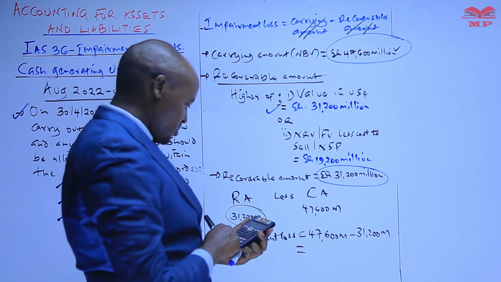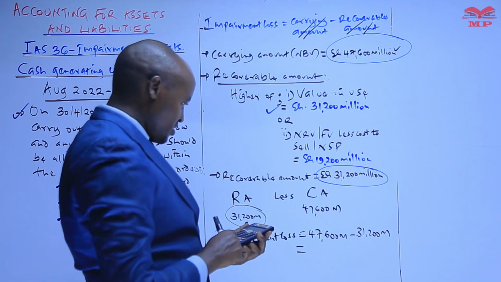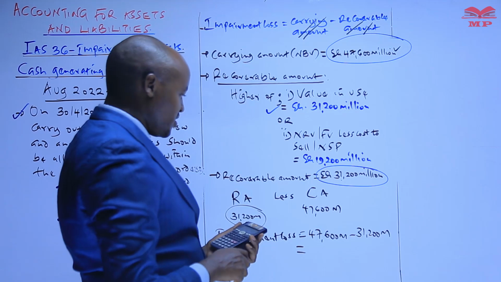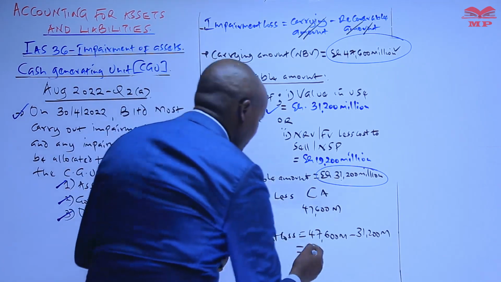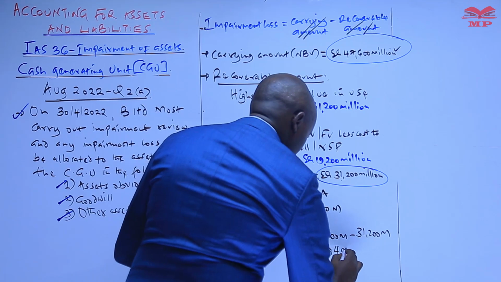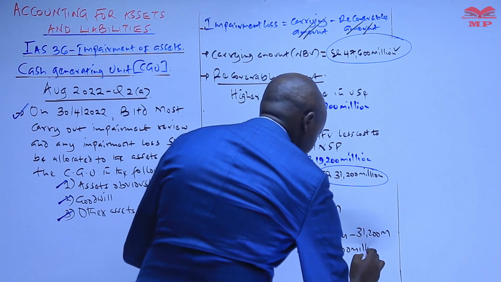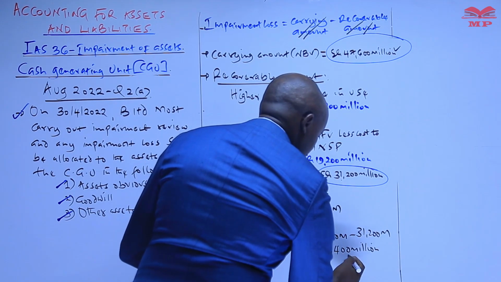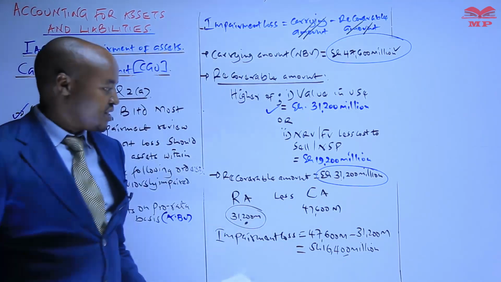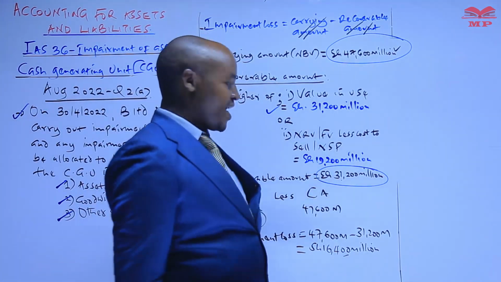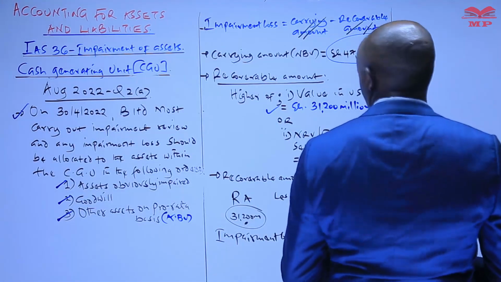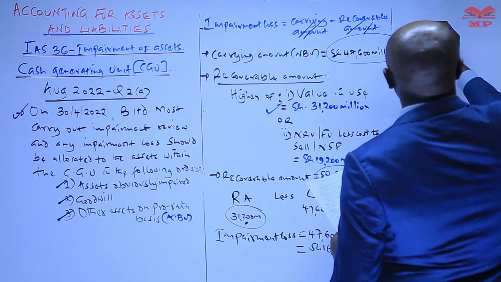Okay, we can take that again. 47,600 minus 31,200. So that will give us an impairment loss of shillings 16,400 million. So what we need to do now is to proceed and allocate this impairment loss to the assets within that particular cash generating unit.